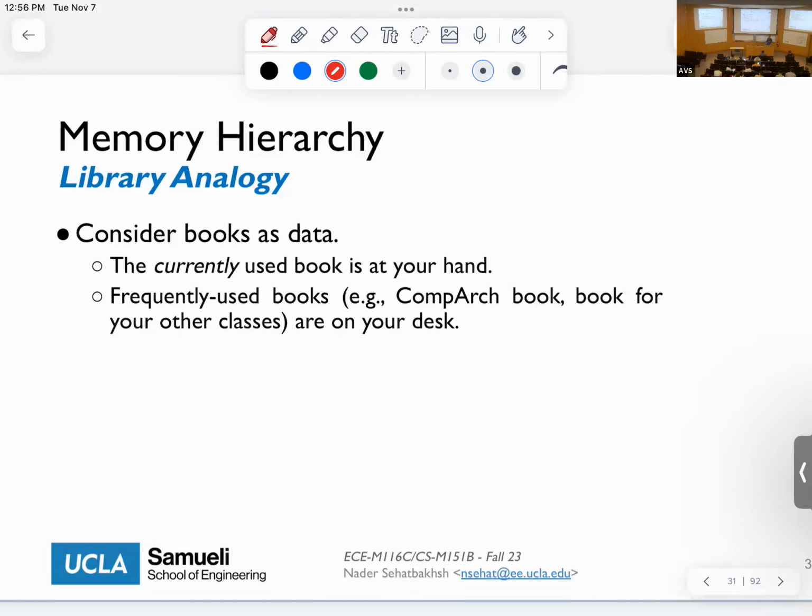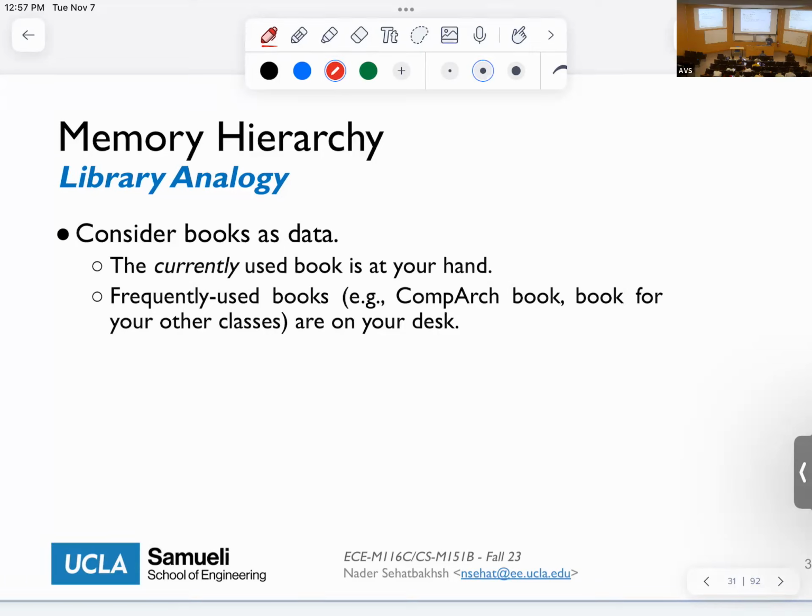Instead of randomly picking 3 books and putting them here, I'm going to pick the most recent ones, the ones that I'm very likely to use in the near future. If I have a midterm for M116, then I'll put the computer organization book on my desk. If there is no midterm coming up, then it's very unlikely that I'm going to read this book. So I'm going to put another book on my desk, right?